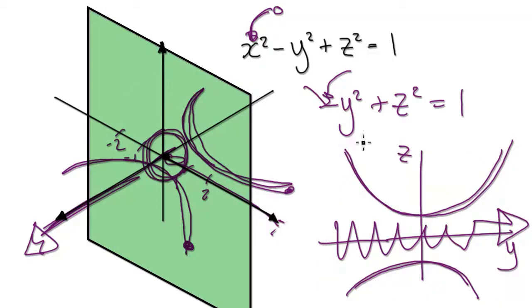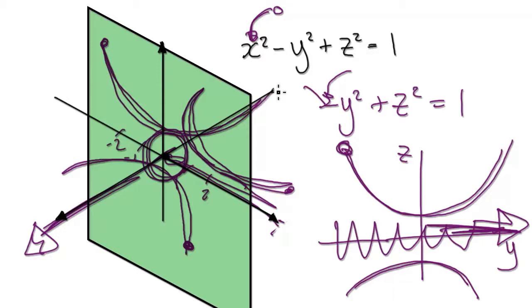This is your z-axis, positive in this direction, and this is y in the positive direction. This point would be somewhere around here, and it will look something like this.